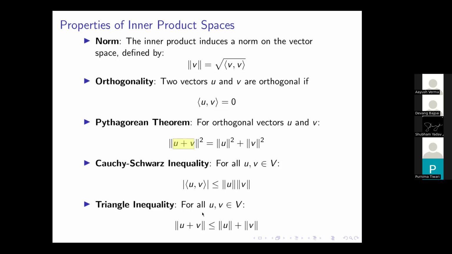As you know, the sum of two sides is always greater than or equal to the third side. The same case will be applied here with inner products. So consider u vector and v vector: the norm of u plus v will be less than or equal to the summation if we take them separately.